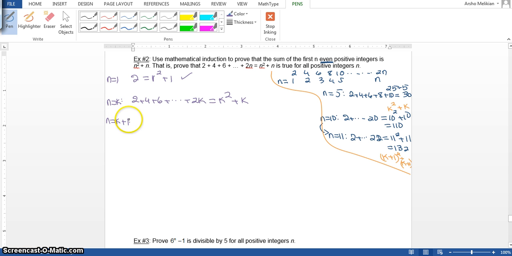So to this, I'm going to add one more number, just like we went from 2 to 20 and then to 22. I'm going to add one more number, the k plus 1 case. So it's going to be 2 plus 4 plus 6 plus 2k plus 2 times k plus 1. It equals, now k squared plus k, you add the same thing that you added here in order to make it balanced.